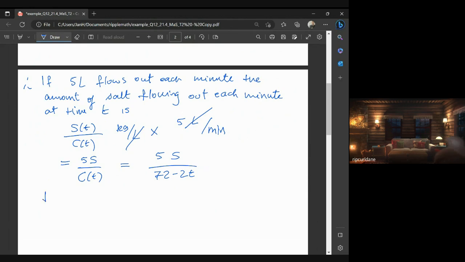That means we have ourselves an equation. ds dt is equal to the rate in minus the rate out.